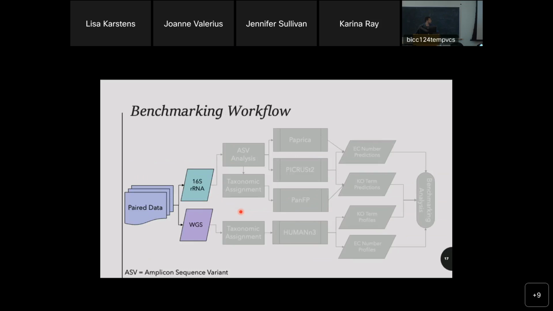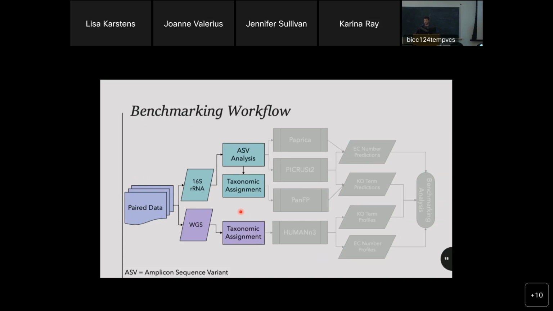So now I'll run through a conceptual model for the methods that I used during this investigation. I started out with paired data, and I extracted the 16S RNA and WGS data. Next, I processed the raw data to ensure that no downstream results were impacted by differences in processing, and I processed these each according to their respective processing pipelines.